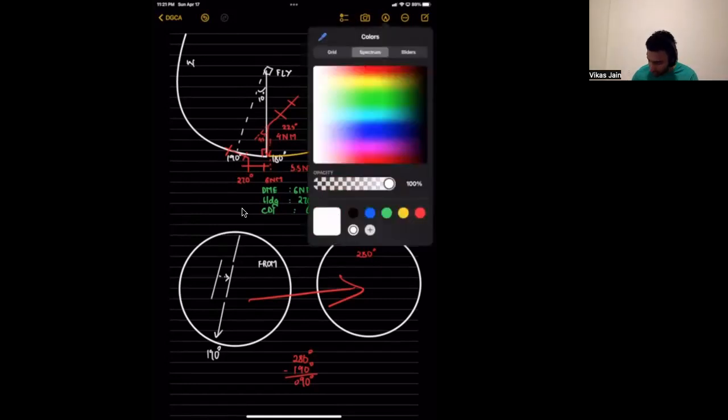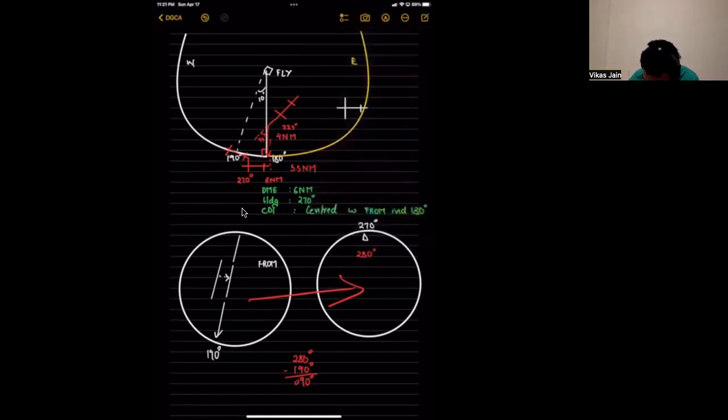And then you continue doing the same thing for the next radial. You change the OBS by 10 degrees, set it to 200 degrees. You turn the plane 10 degrees. So you go to 290 degrees. So the difference in angle is still 90 degrees. You're making a 90-degree intercept.